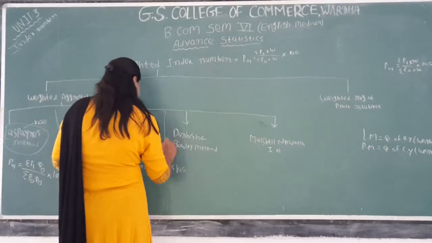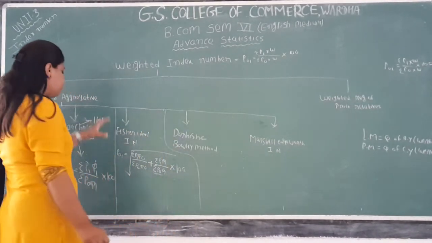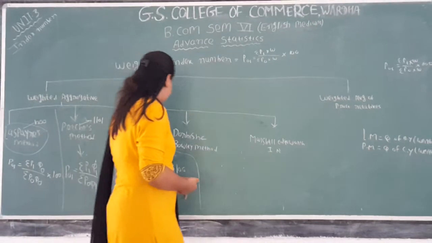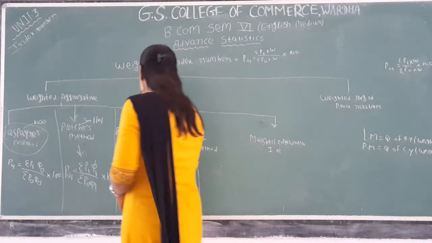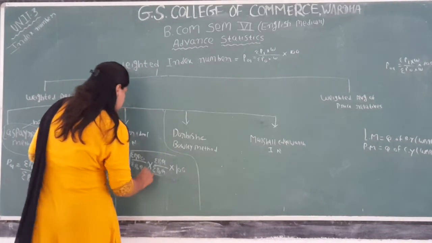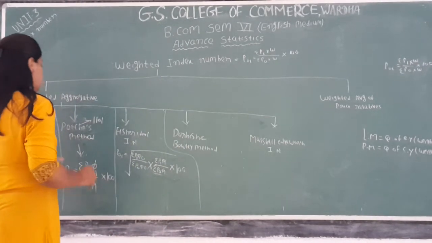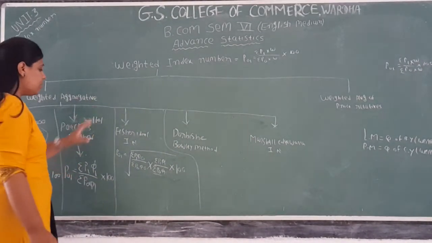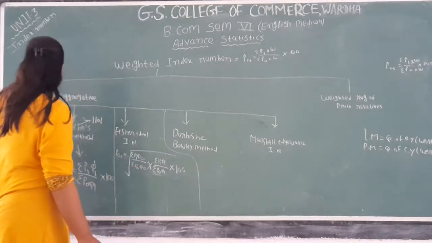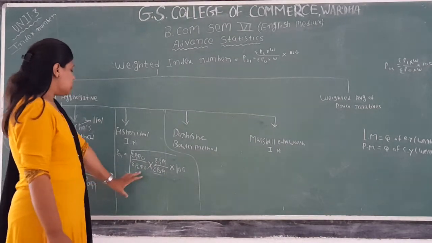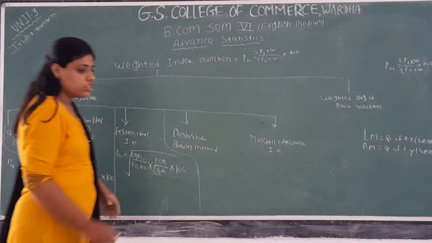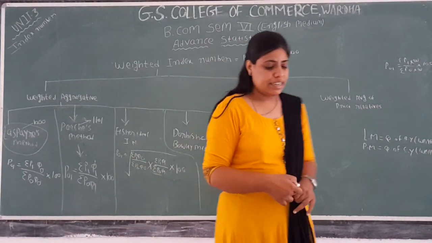So this way we use this formula to calculate Fisher's ideal index number. Here it is multiplied because, as I have told you, it is geometric mean. So Fisher's ideal index number is nothing but the geometric mean of the Laspeyres method and Paasche's method into 100.